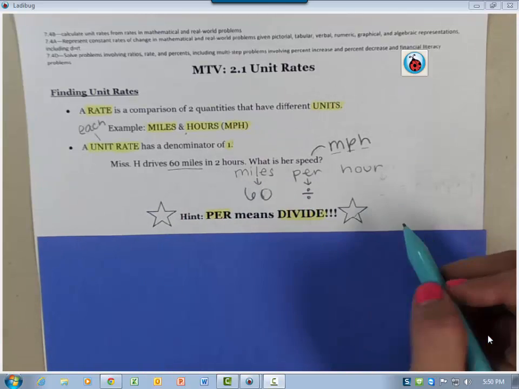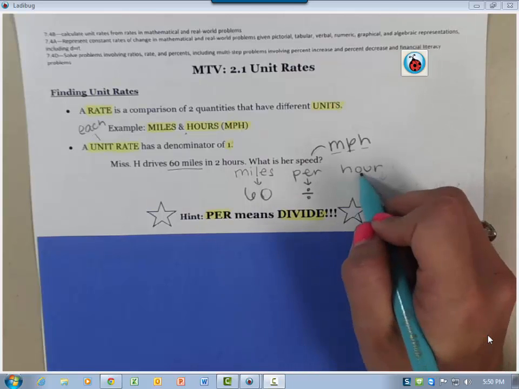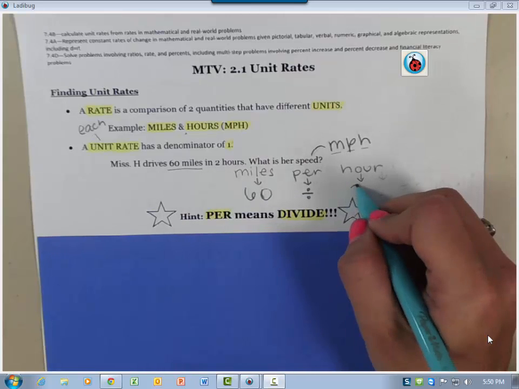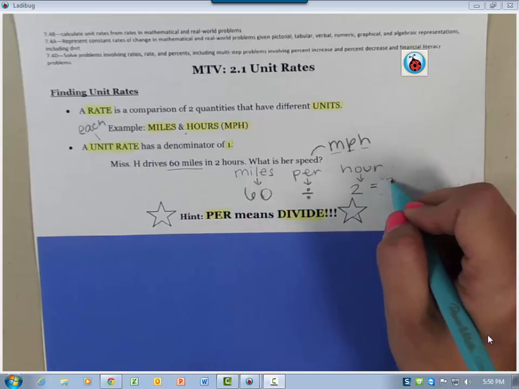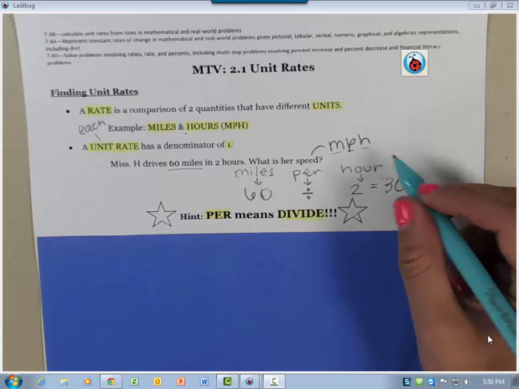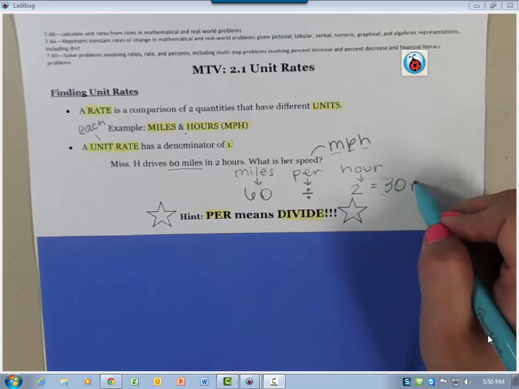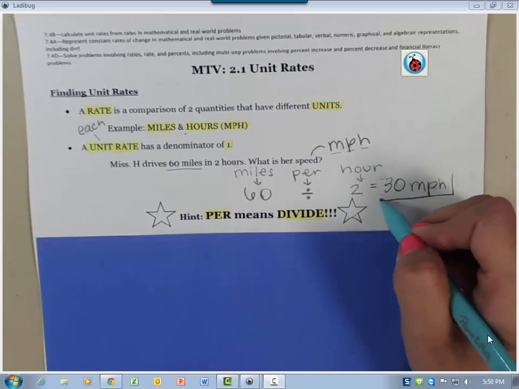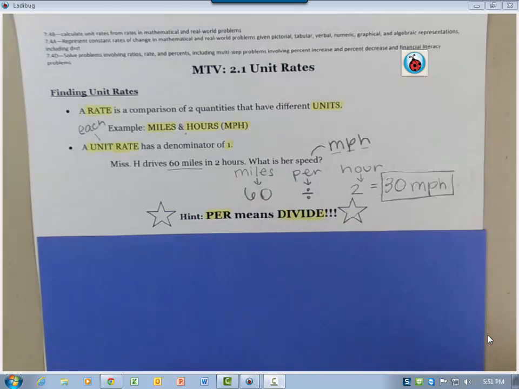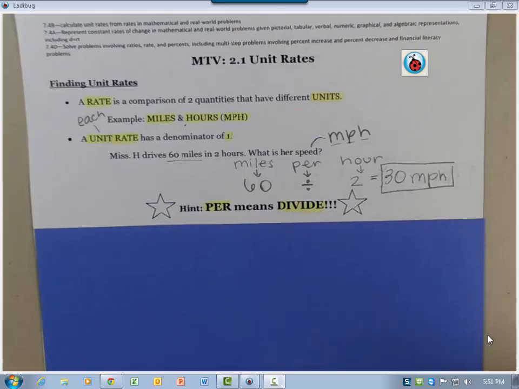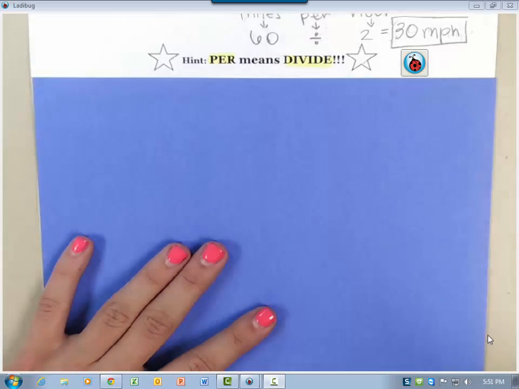Does it tell you anything about hours? Good, it says 2 hours. So what is 60 divided by 2? It's 30. 30 what? We're talking speed, so we need to have 30 miles per hour. If I go 30 miles per hour, I can go 60 miles in 2 hours. Alright, moving on up.